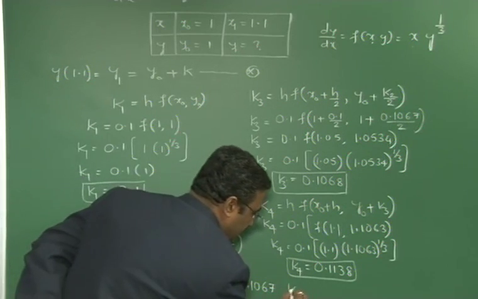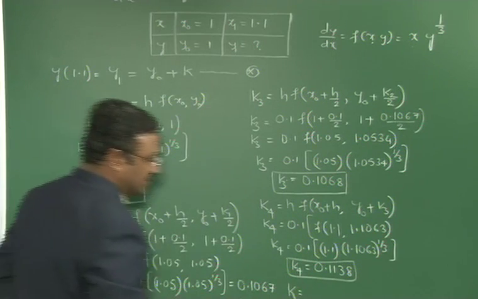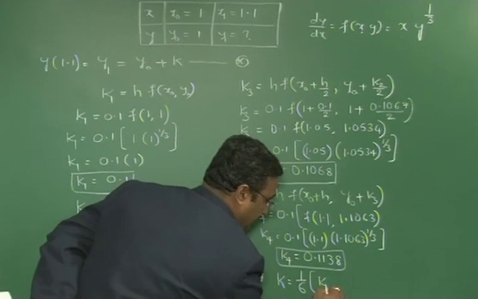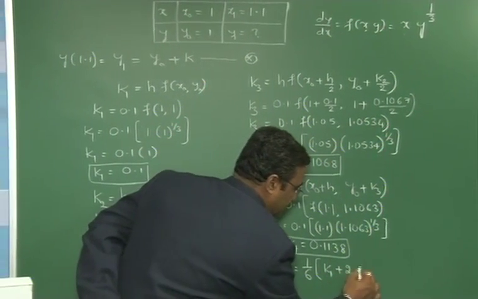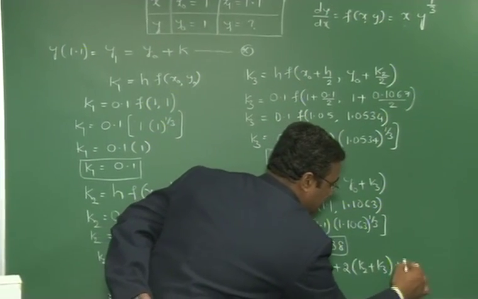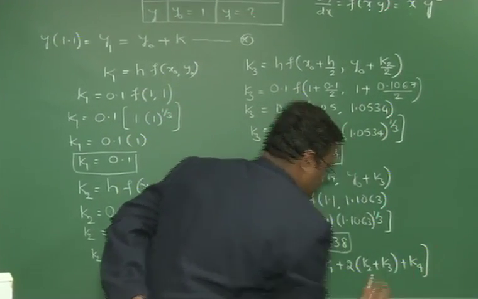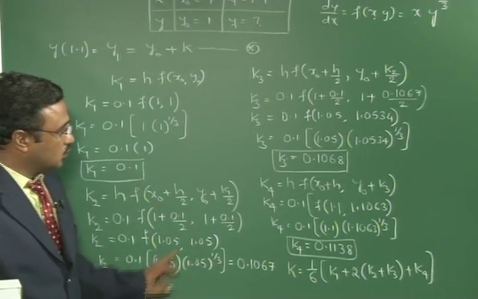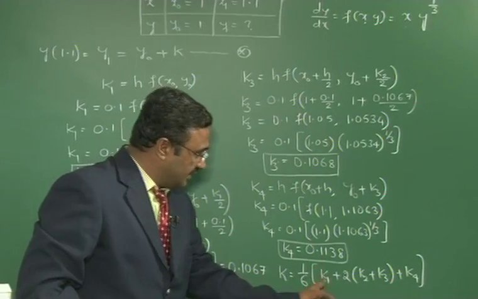Now I want to find the value of k. k is 1 by 6 times k1 plus 2 times k2 plus k3 plus k4. Substitute all the values of k1, k2, k3 and k4 here.